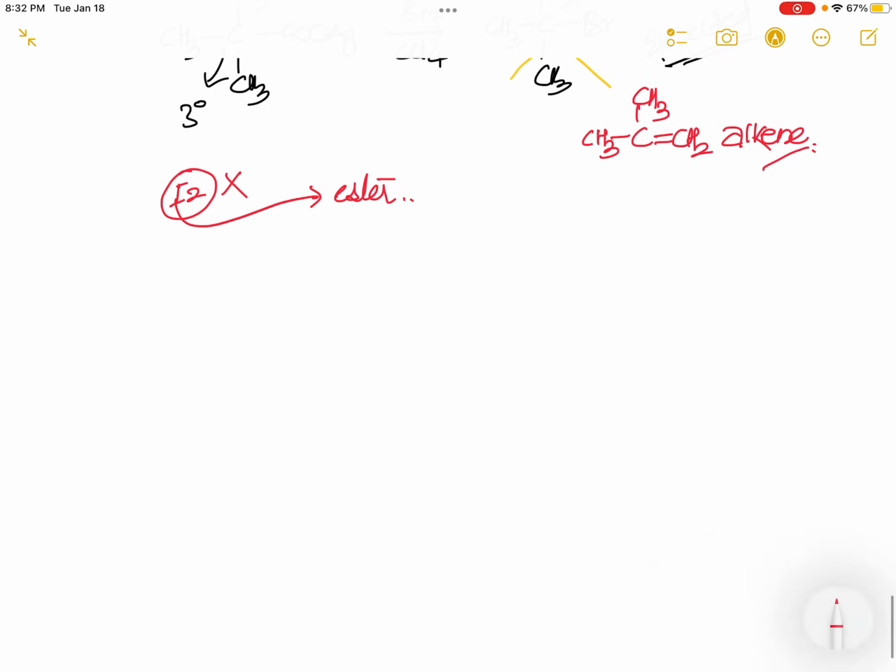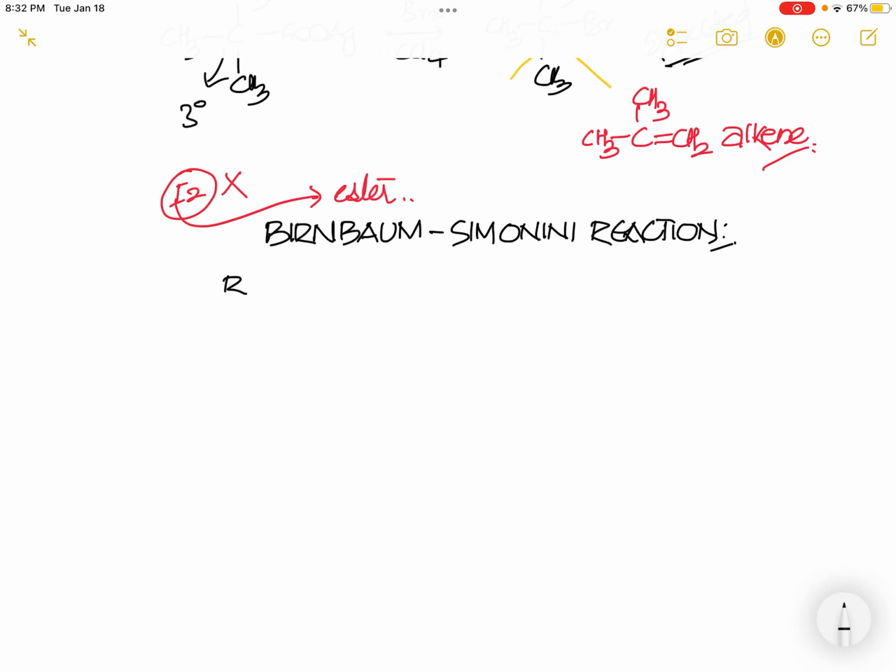And this reaction is very, very special. It has a special name also: the Birnbaum-Simonini reaction. What happens is, RCOOAg, when you are treating with I2, iodine, gives RCOOR, the ester.